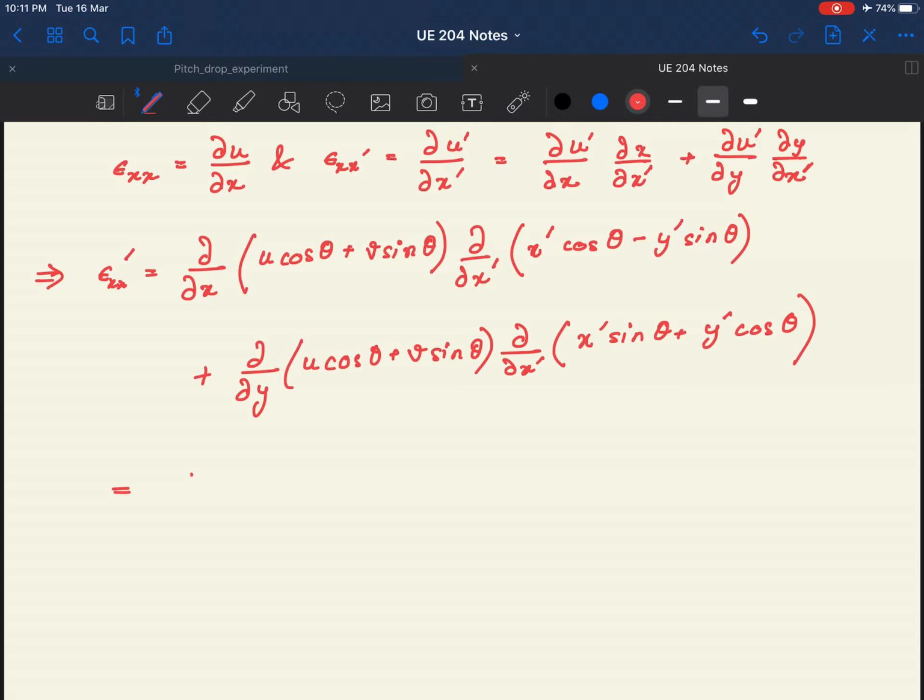I will be left with del u by del x cos square theta, plus del v by del x sine theta cosine theta.